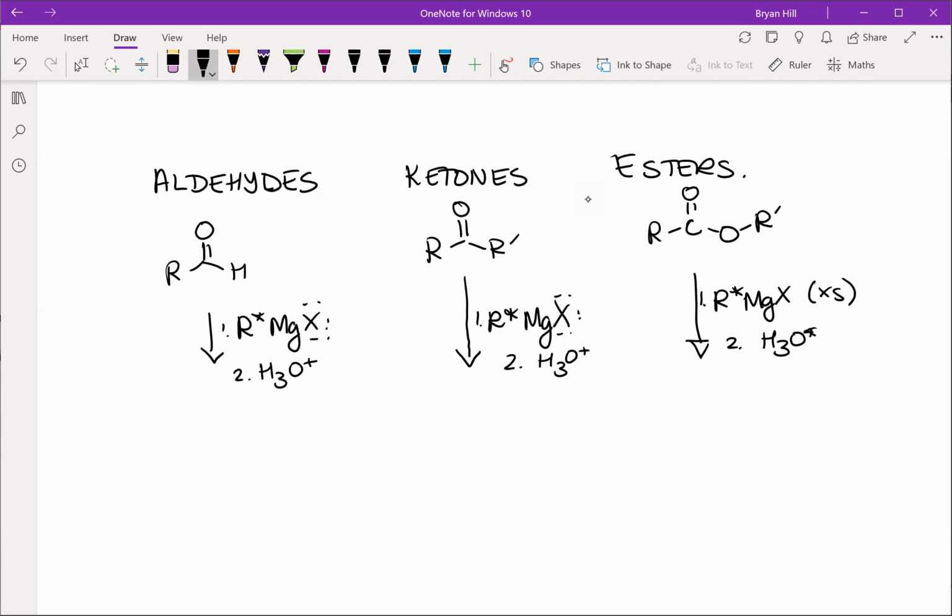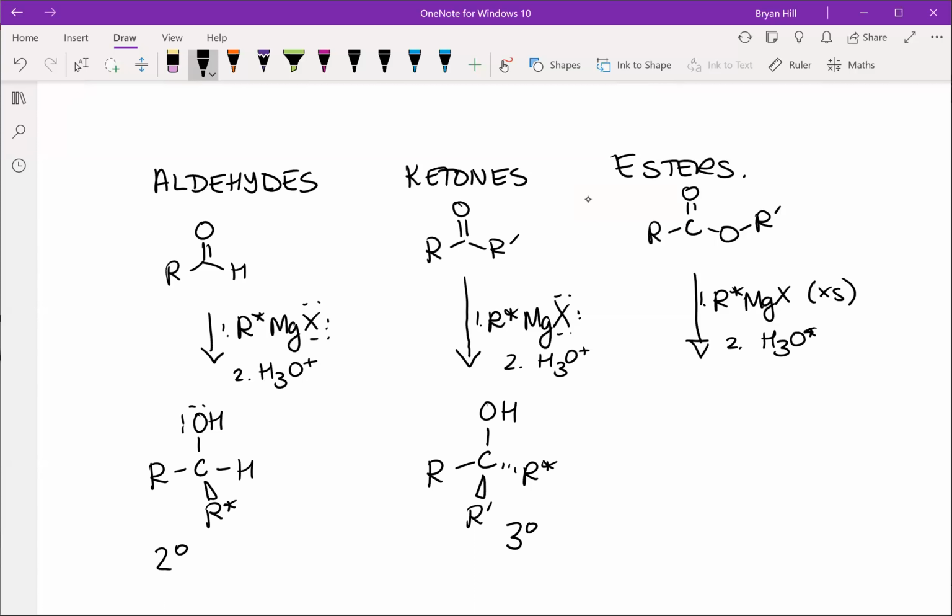What we're going to see is that aldehydes now make secondary alcohols. Ketones now make tertiary alcohols, and esters now make tertiary alcohols.